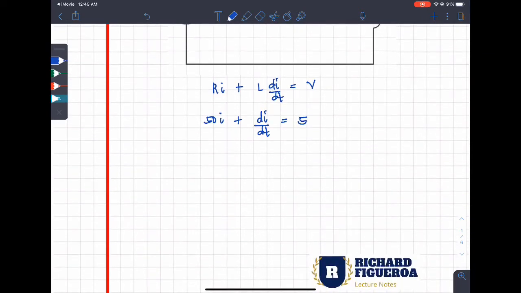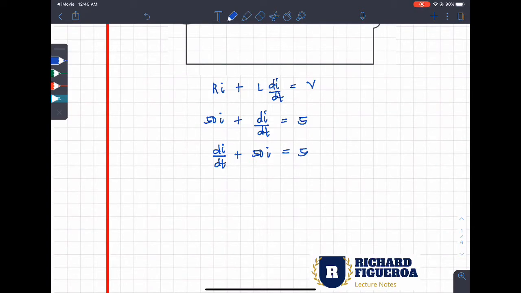And rearranging our equation, giving us di over dt plus 50i, and that would be equal to 5. And from here, we could transform this one using Laplace transformation.